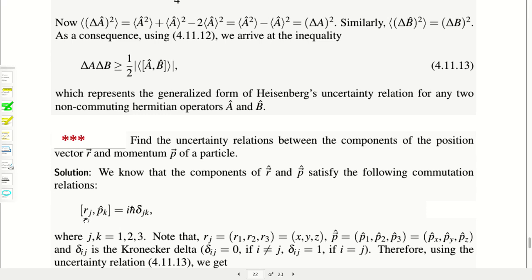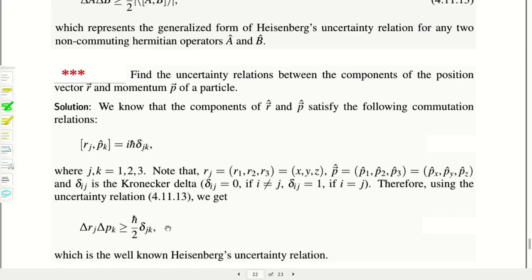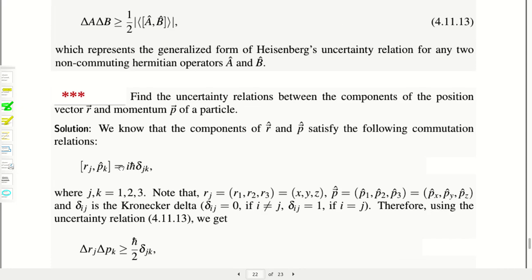You know the result, that is the commutator r_j comma p_k, that expectation will give you i h cut into delta of jk. If j and k are not equal to each other, then it will be 0, and if they are equal, suppose for x and px, it will give you i h cut. So generally it is put here. So delta r_j and delta p_k, what will be that?